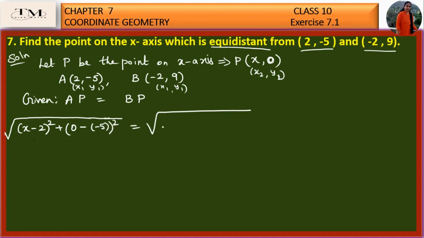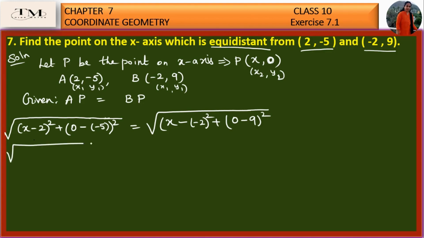So you have to find out BP. How will you find BP? It is nothing but x2 minus x1. x2 is x minus what is x1? It is minus 2, whole square, plus y2, y2 is 0, minus y1 is 9. So 0 minus 9 whole square.